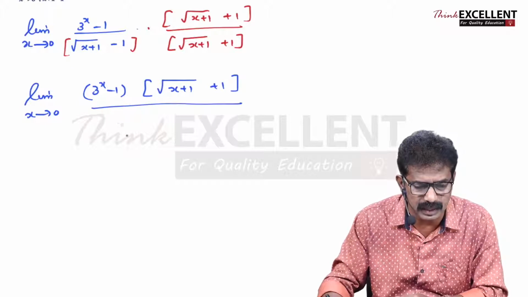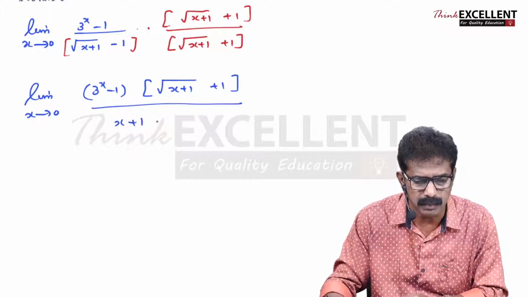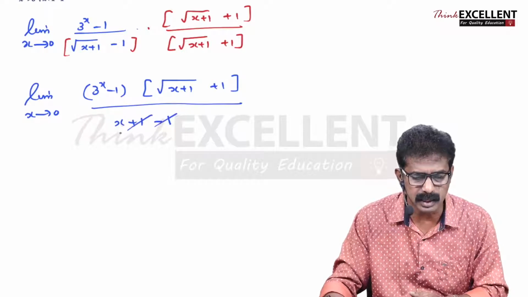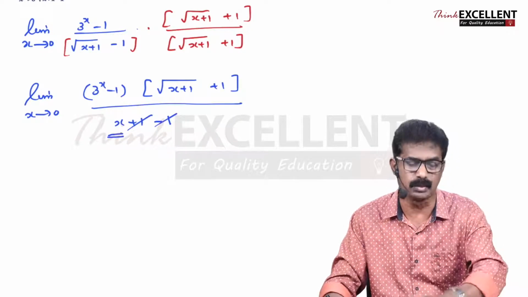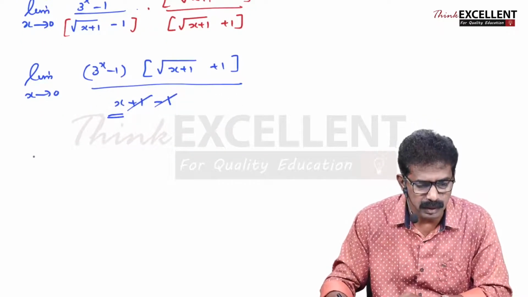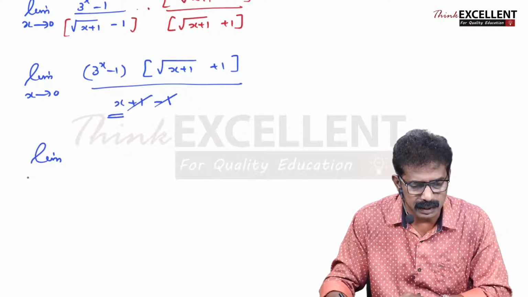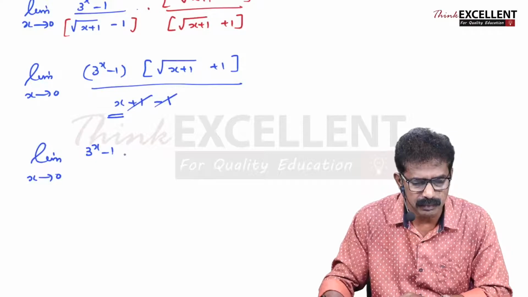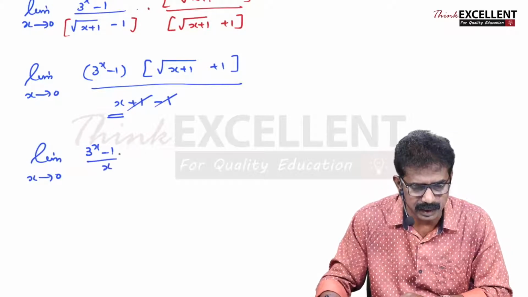A square means the root cancels, so x plus 1, and b square means 1 square is 1. So minus 1 plus 1 cancel. Yes, we got the x that we need, right? Now we split into two limits. Limit x tends to 0, 3 raised to x minus 1 by x, right?